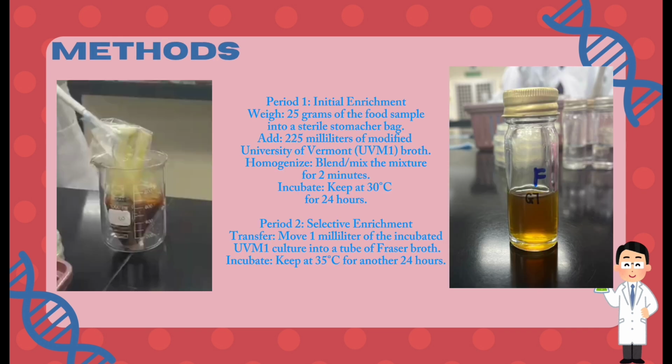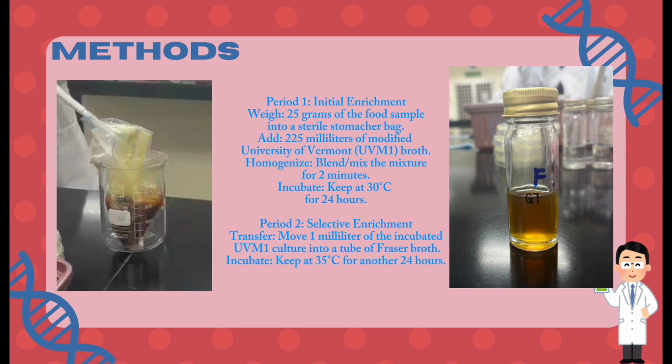Our experimental timeline spanned 5 distinct laboratory periods, with the first period done by the lab assistants, closely matching standard diagnostic workflows. In period 1, 25 grams of our food sample are weighed into a sterile stomacher bag, 225 milliliters of modified University of Vermont or UVM1 broth are added, and the mixture is homogenized for 2 minutes before incubating at 30 Celsius for 24 hours.